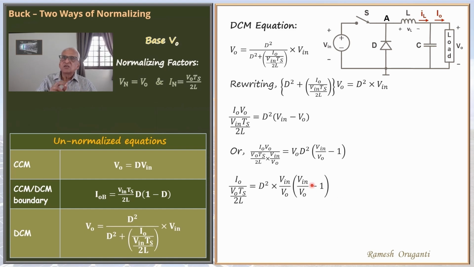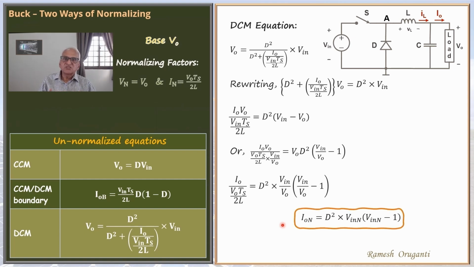Vn by V0 is Vin. I0 by V0 Ts by 2L is ION. So this equation can be rewritten as ION equals d squared times Vinn times Vinn minus 1. That is the normalized equation using base V naught normalization.